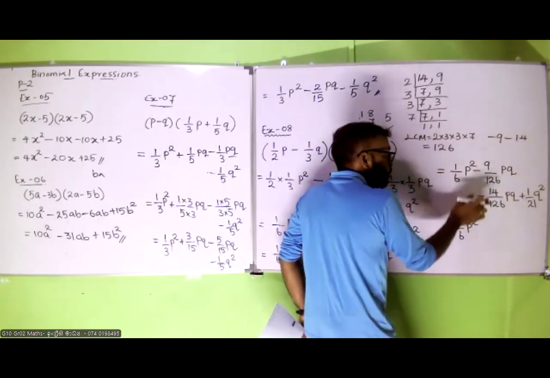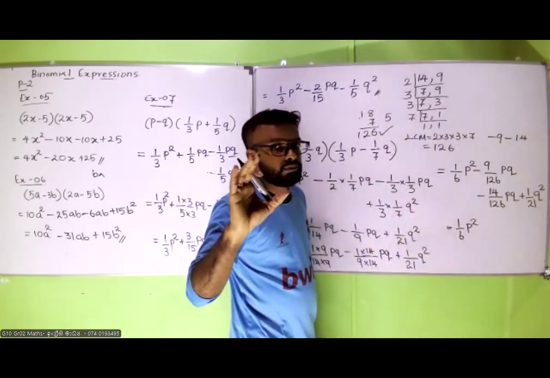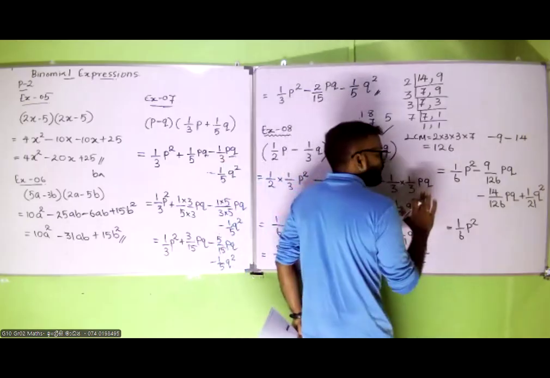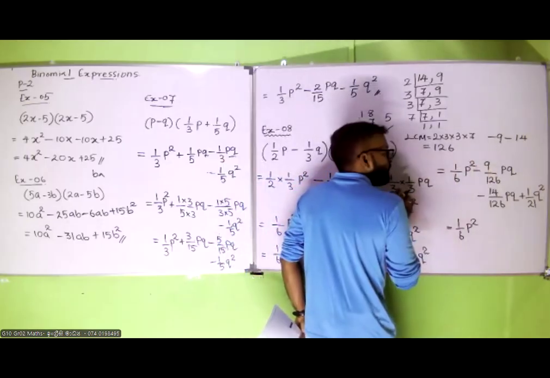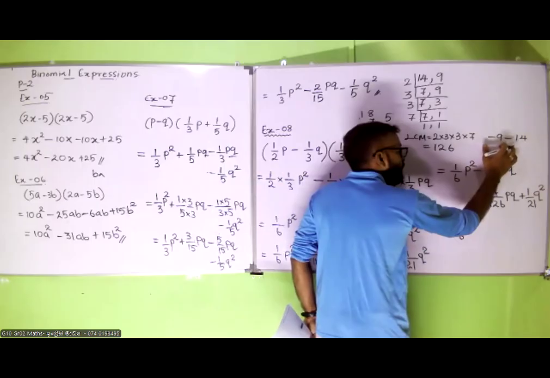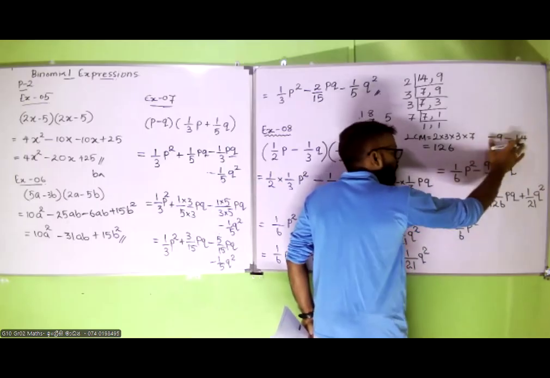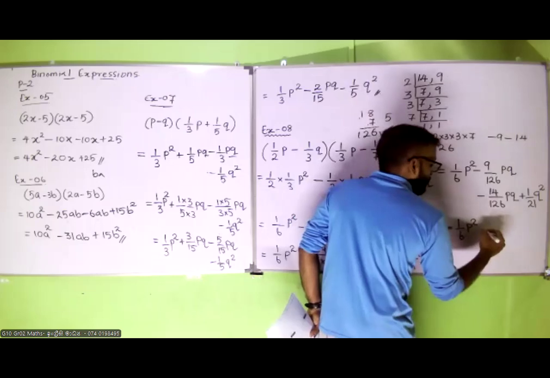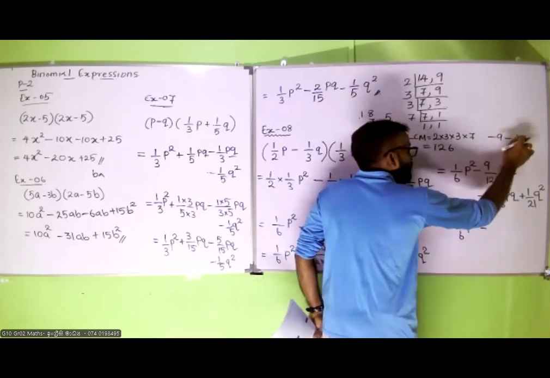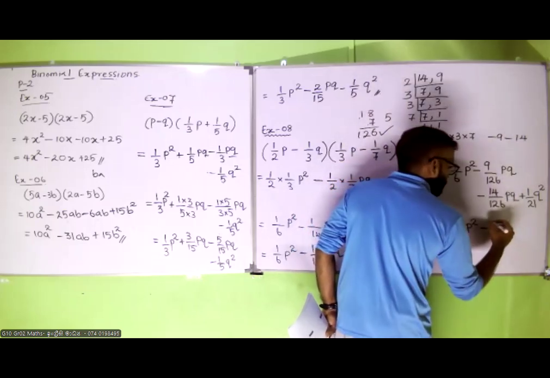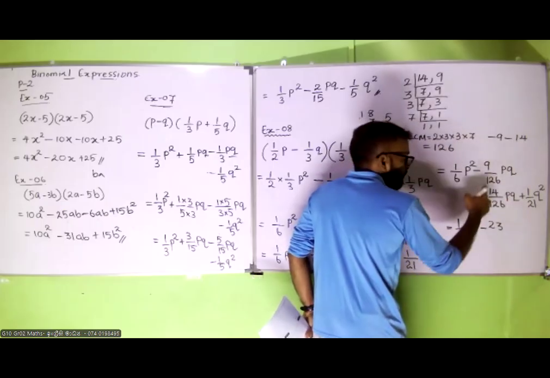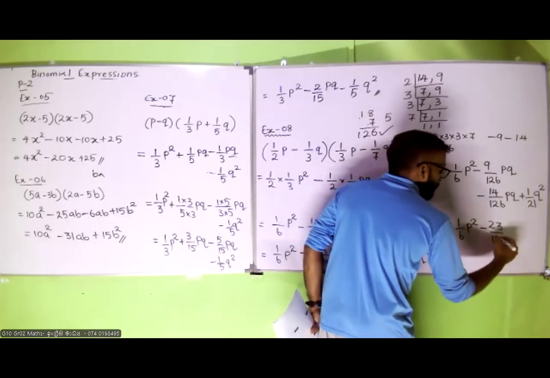Because both denominators are same, you can forget for a moment your denominator and take care of your numerators. Negative 9 and negative 14. Same signs. Add them together and put the negative sign. 9 plus 14, 23, right? 23 divided by 126.